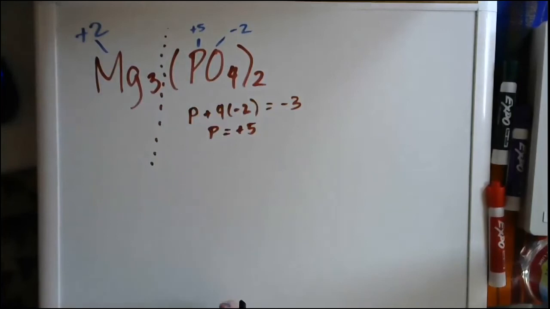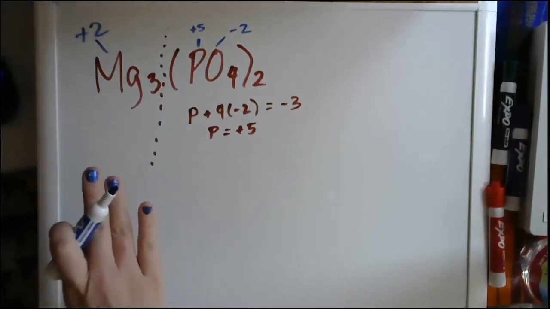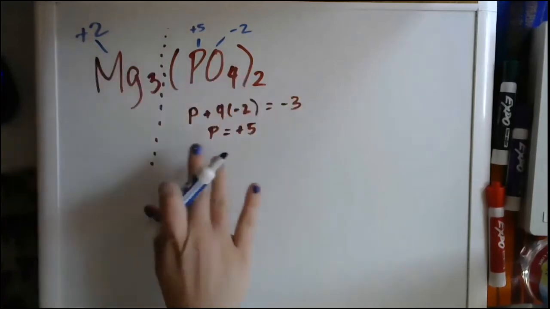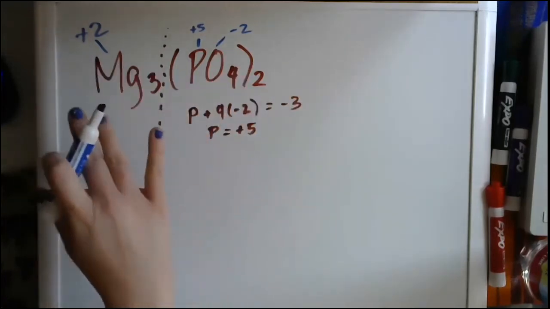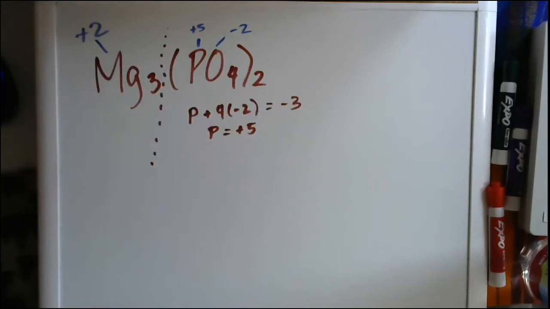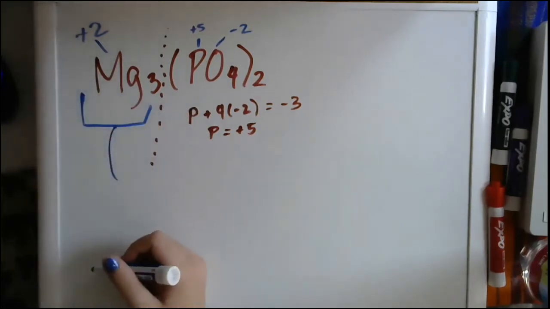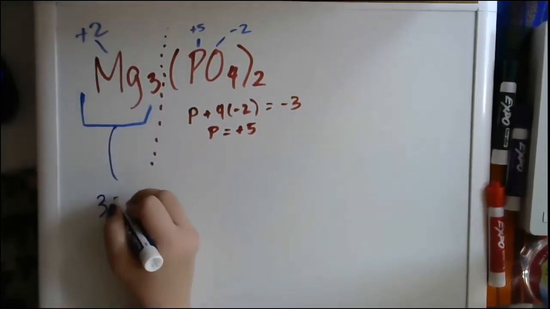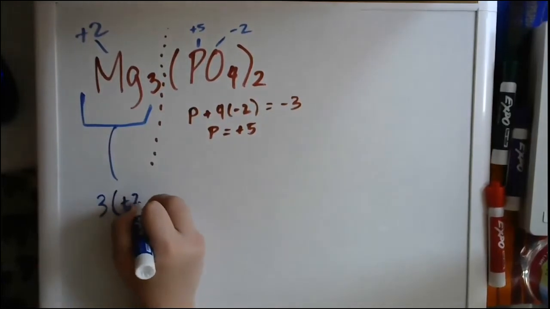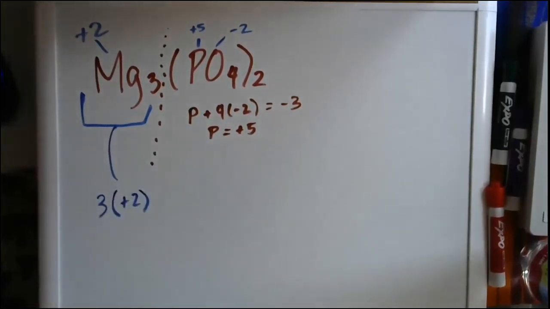Now that we have all these numbers, we're going to check to see if they make sense, because if this is a neutral compound, which it is, then when we add up the oxidation state of everything that's present, we should get 0. So according to what I have down here, I have 3 magnesiums. Each magnesium has a +2 oxidation state.